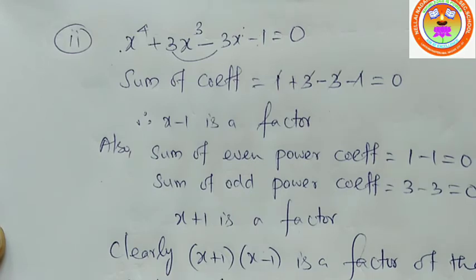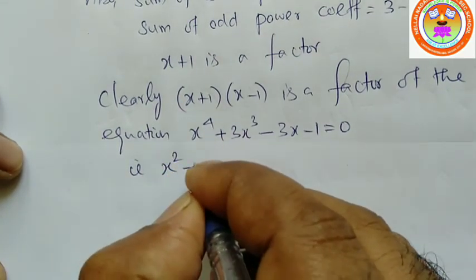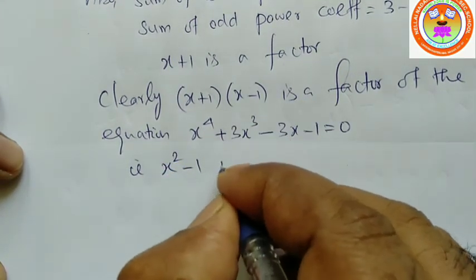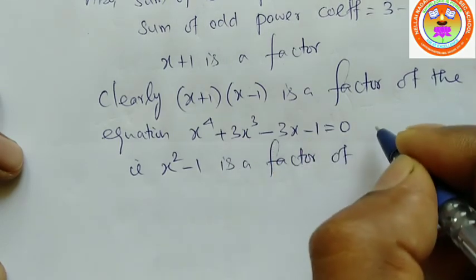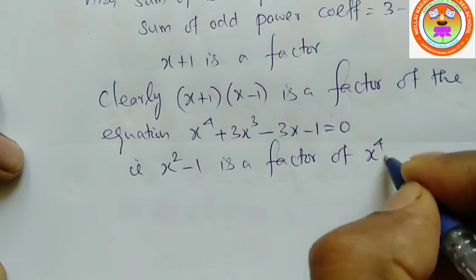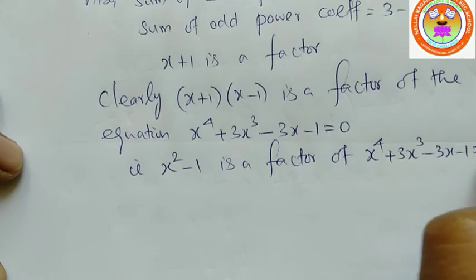x raised to 4 plus 3x cube minus 3x minus 1 equal to 0. x plus 1 into x minus 1 means x square minus 1 square, that is x square minus 1, is a factor of this equation x raised to 4 plus 3x cube minus 3x minus 1 equal to 0.